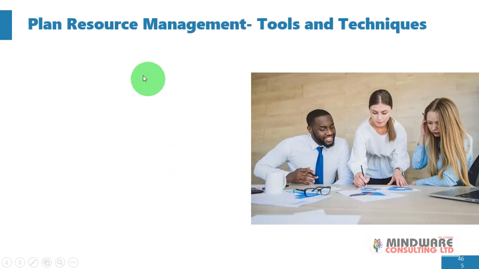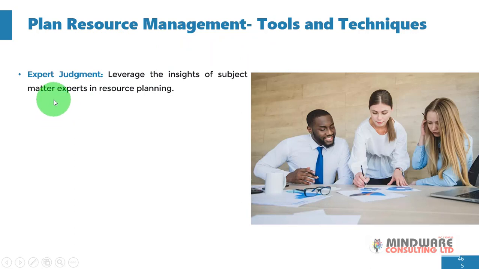let's now look at the tools and techniques that we use in planning our resource management. So first is expert judgment. Now, as the PM, you're gonna have to leverage the insights of subject matter experts in resource planning.